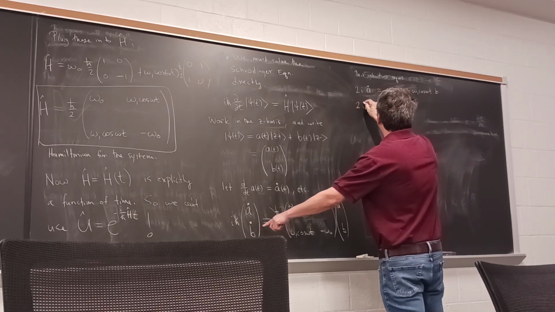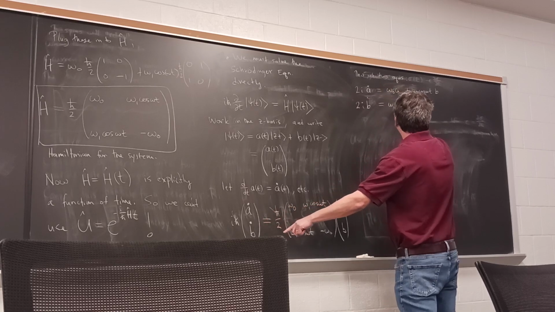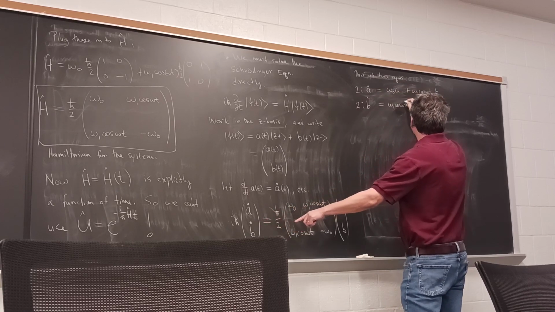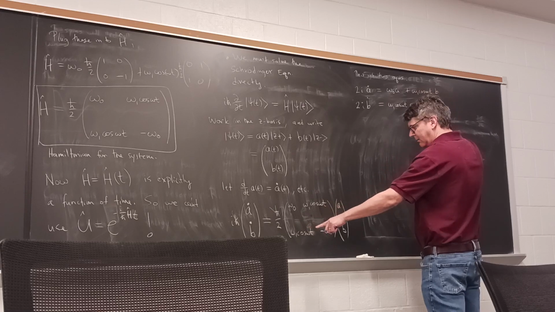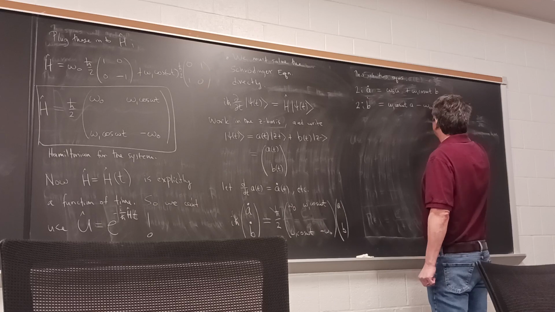And then I'll have 2i b dot is equal to omega 1 cosine omega t times a minus omega 0 b.